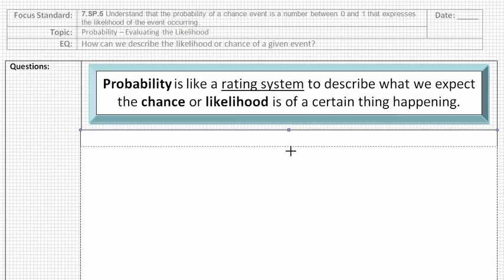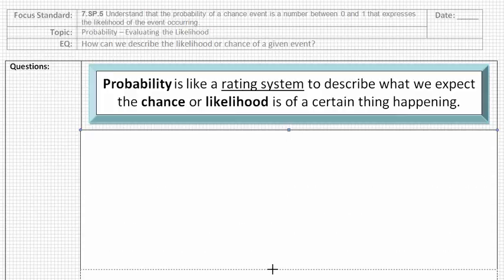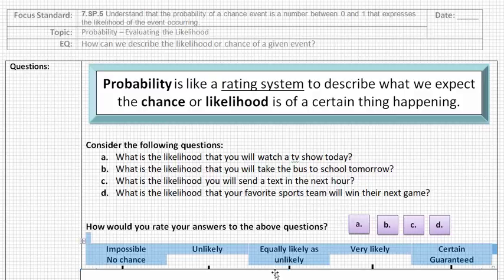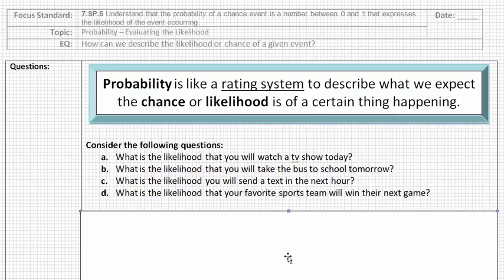So let's take a look at a few things in our real lives that we might want to describe the probability of. Here are our questions for today.